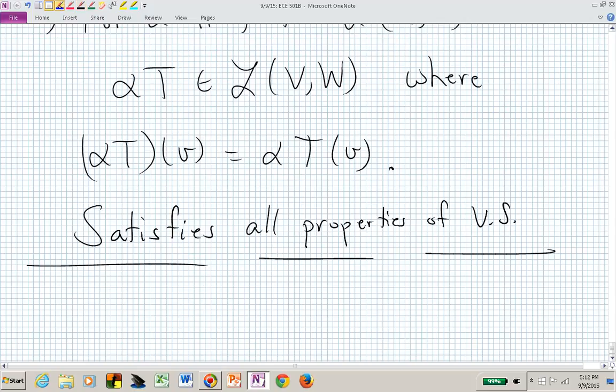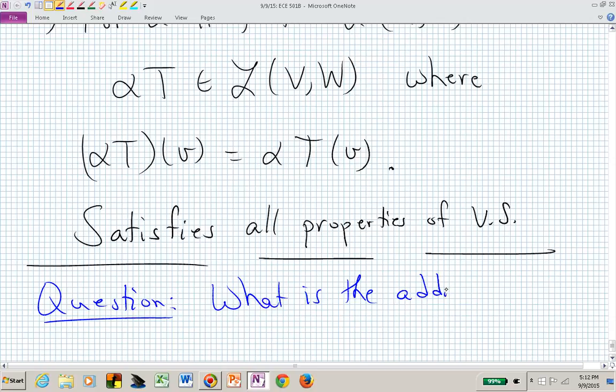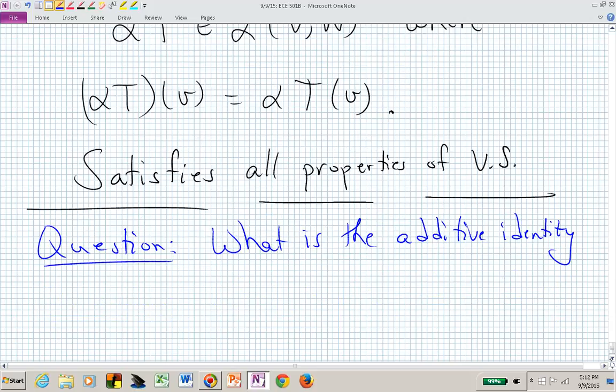Now, if I ask you a question relative to that concept, what is the additive identity of the vector space?